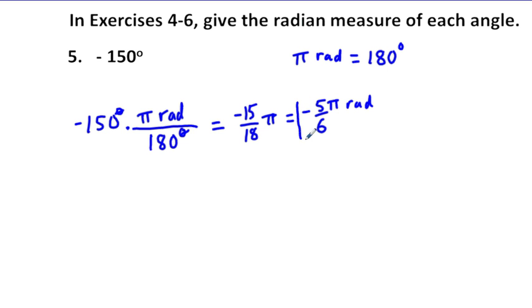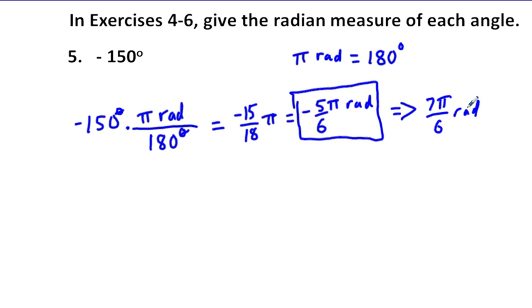And coterminal with this, rotated from the initial side counterclockwise, would be equivalent to 7 pi over 6 radians, if we're going to make this positive. Anyway, I'll just call this answer in terms of the negative.